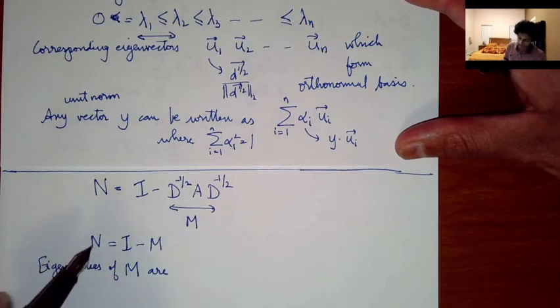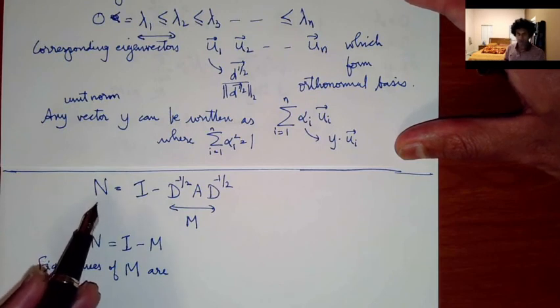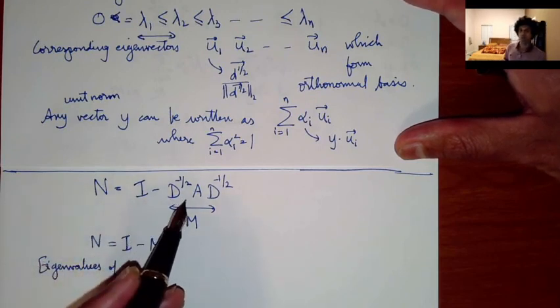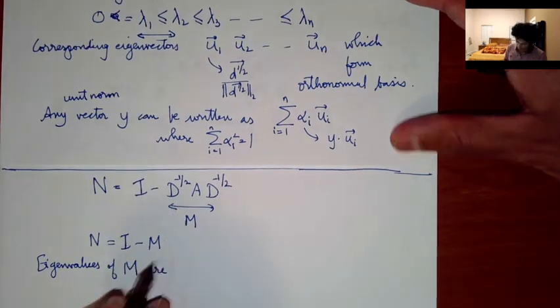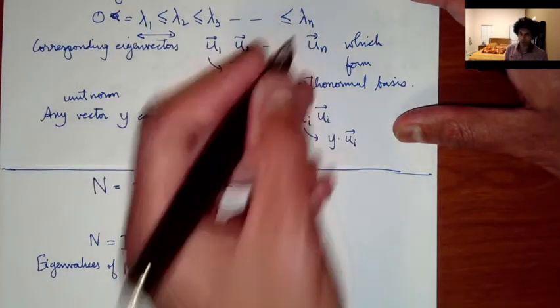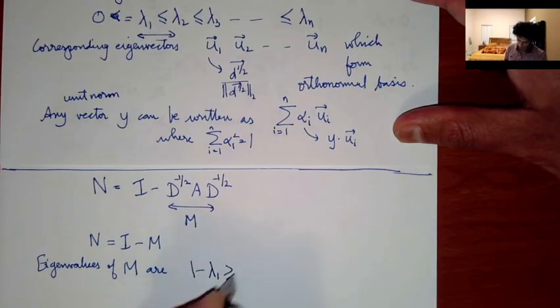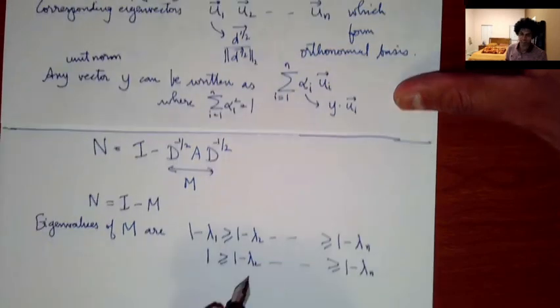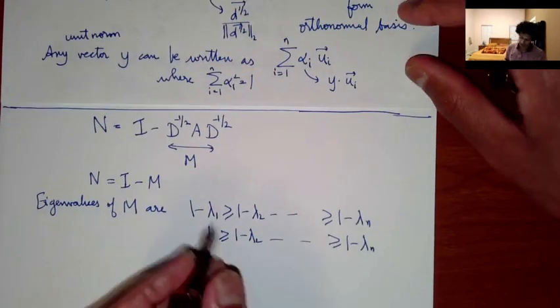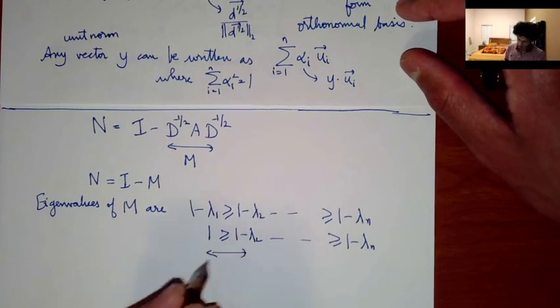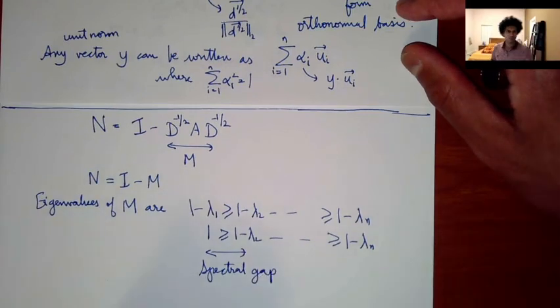And so if you take any eigenvector of N, you end up with an eigenvector of M, and the eigenvalues of M are going to be 1 minus lambda 1 greater than or equal to 1 minus lambda 2, down to 1 minus lambda n, and this is of course just 1. And so sometimes you'll see lambda, maybe I've sort of abused notation here, actually referred to as this, and this is then called the spectral gap. But it's the same whichever way you look at it.